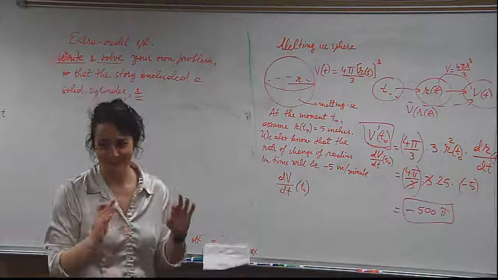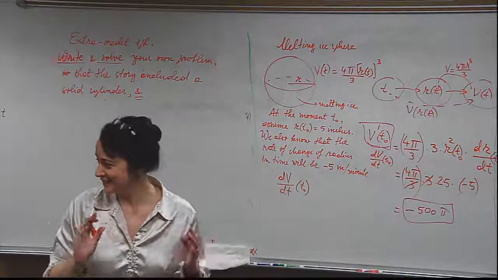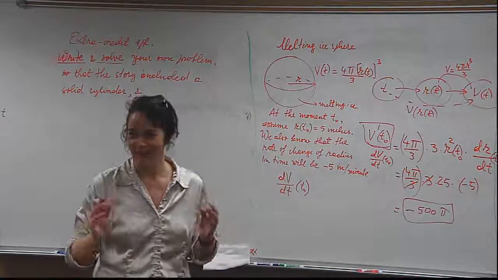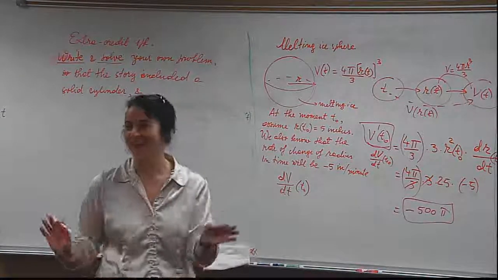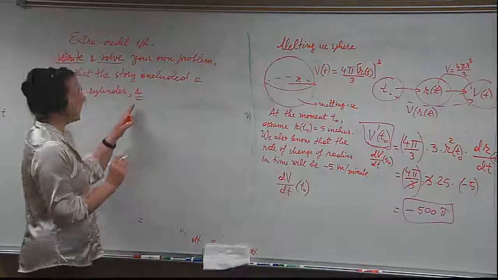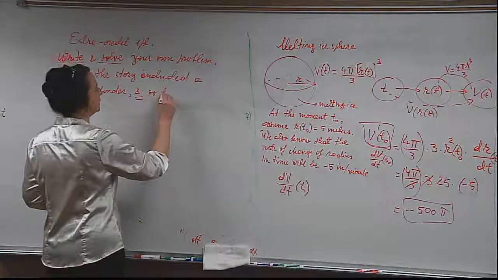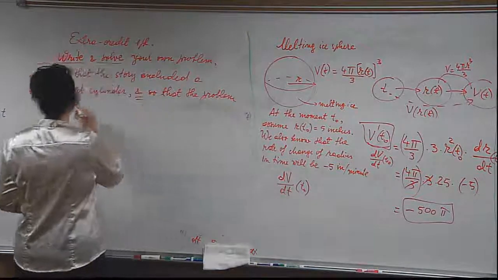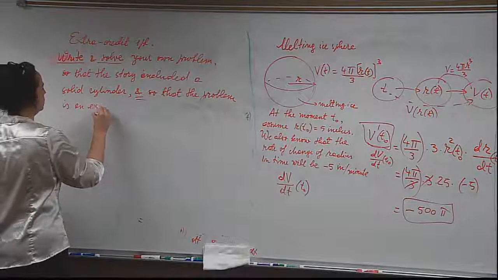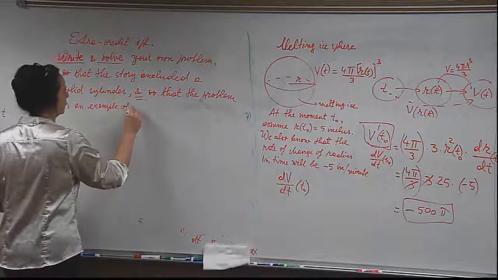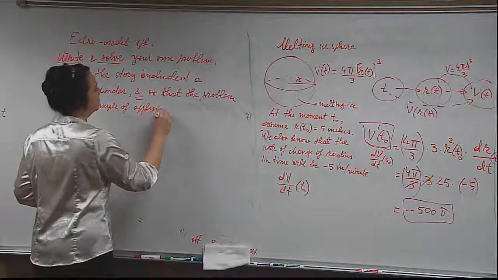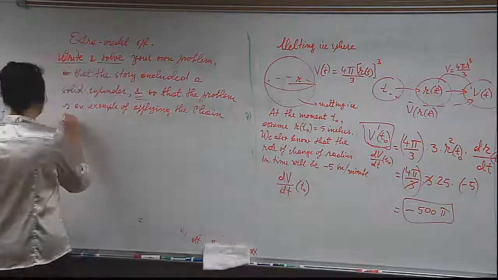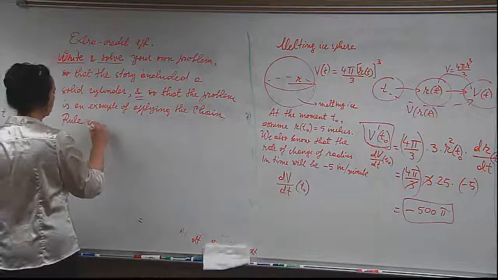and necessarily, you cannot write just like a story. I once had an ice cylinder and it was melting, and I went to watch a movie, and by the time I came back it was all melted. That's not what I want. I want the problem to be an example of applying the chain rule in Calc 3.